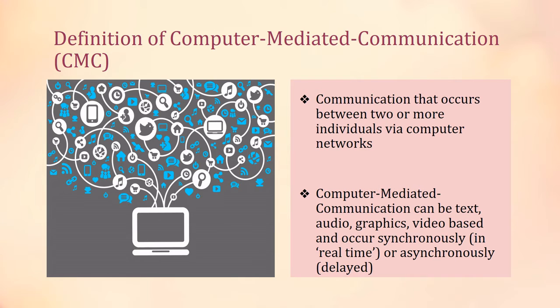Synchronous means when we all have class in Google Meet with the doctor, it is happening in real time. What is asynchronous? It is how I'm explaining to you right now and you're listening. It is delayed, not in real time. So that is asynchronous.